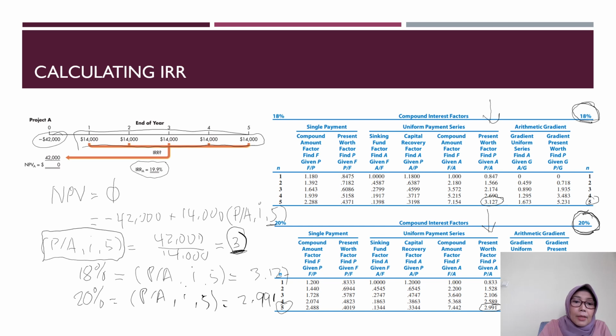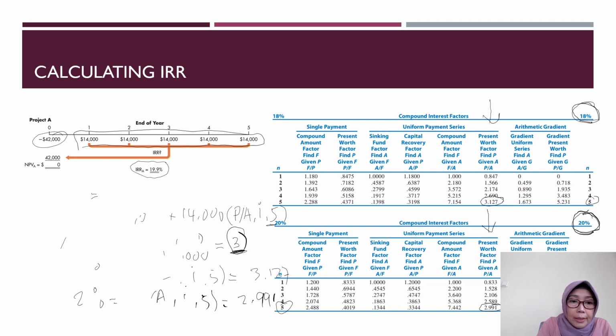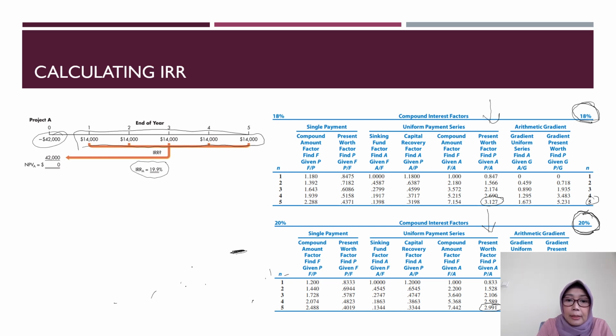Now let me erase this, and I'm going to calculate the NPV for 18% and NPV for a discount rate of 20%.